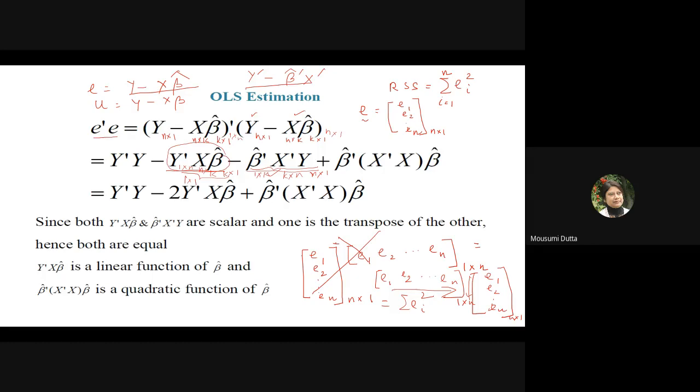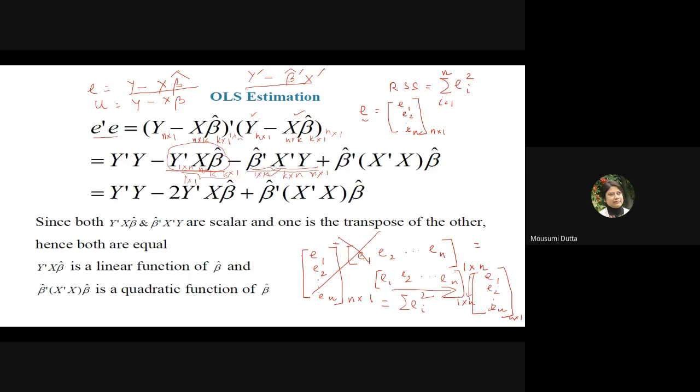Beta hat prime is a vector of 1 by k, and beta hat is a vector of k by 1. So actually it is beta hat 1 square plus beta hat 2 square up to beta hat k square. It is the sum of squared terms. So when we differentiate the third term with respect to beta hat, I hope you understand, the beta hat term will come back.